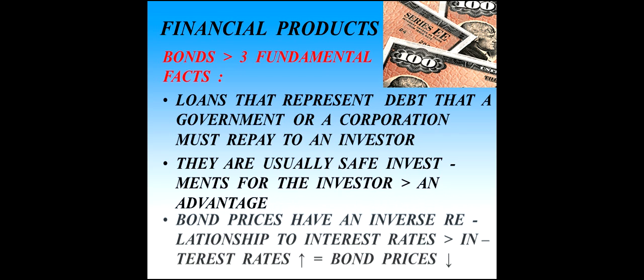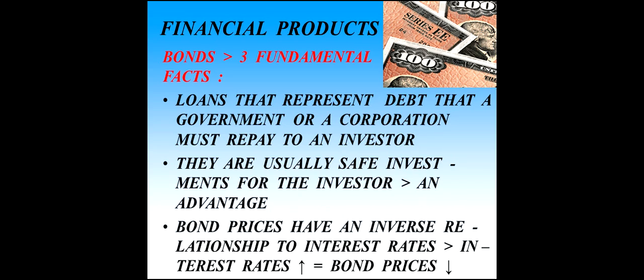The third fundamental fact is that bond prices have an inverse relationship to interest rates, meaning that when interest rates are up, bond prices are usually down or decline. Giving you further detail on this would require a rather lengthy explanation, too long for this presentation.